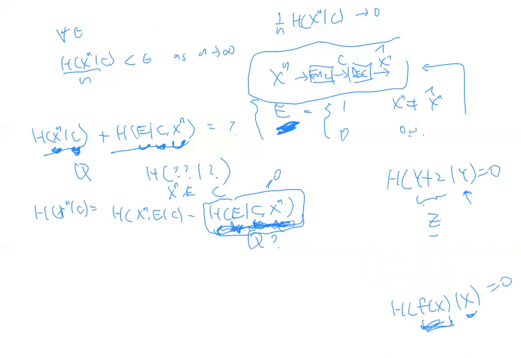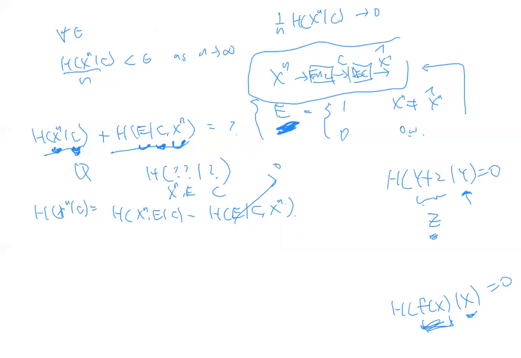But if we know Y precisely, then we know Z precisely, so in this case this will be equal to 0, because knowing Y, there's no remaining information needed to store the value of Z. Knowing Y, we know everything about Z. The same here as well. Knowing C and xn, we know precisely what E is, and we don't need to store any additional bits to store the value of E given C and xn. So since this is 0, we have something like that.